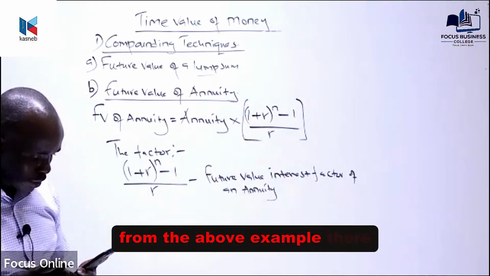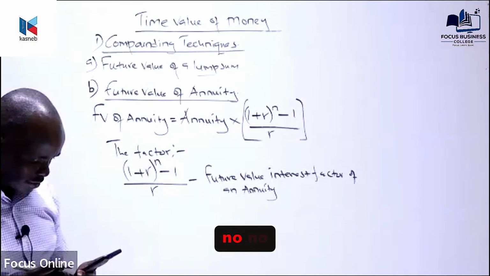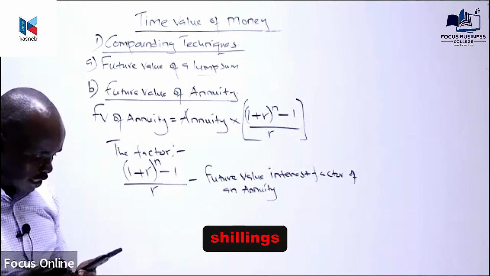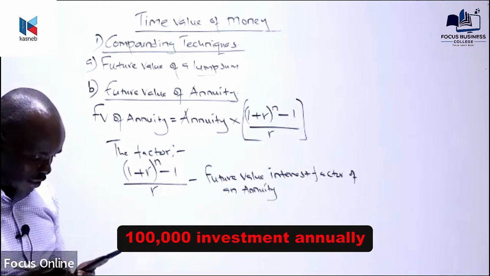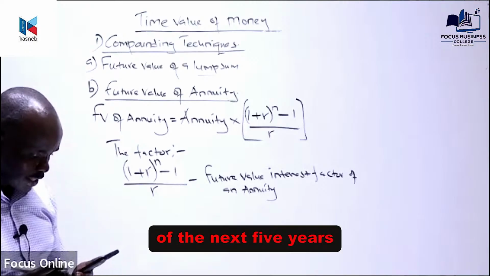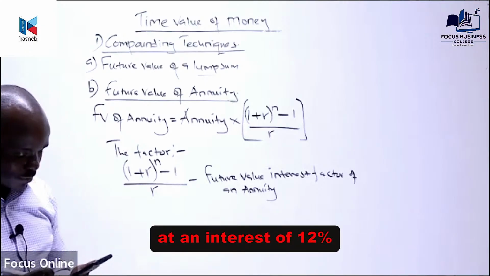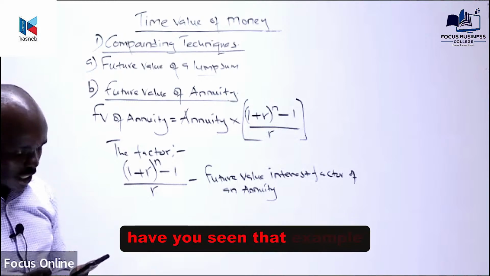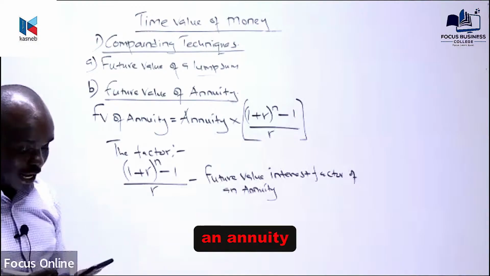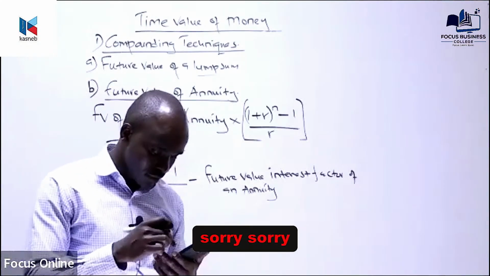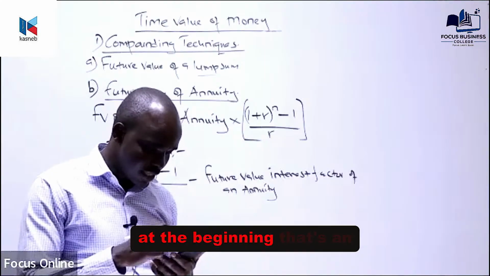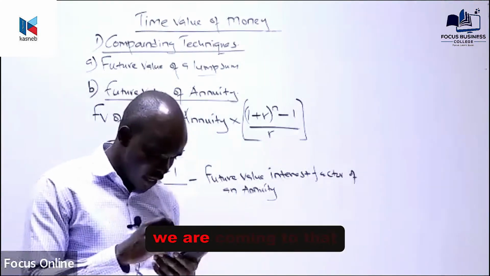From the above example, there is a statement that says: what is the value of shillings 100,000 investment annually at the beginning of each of the next 5 years at an interest of 12%? Oh, that's an annuity due, sorry. We are coming to that.